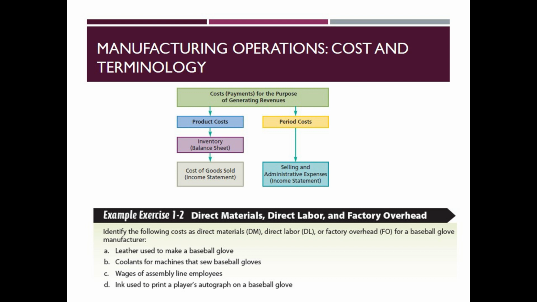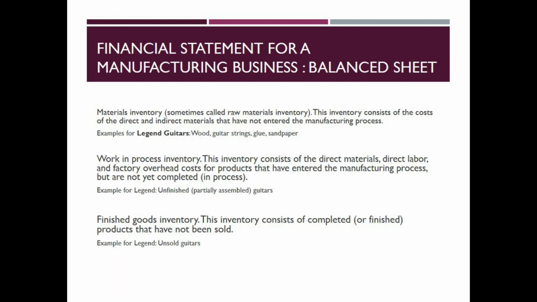Okay. Office supplies to be used at the company headquarters would be period cost. And lastly, ink used to print a player's autograph on the baseball glove, since this is an indirect cost, part of the manufacturing cost. So this is a product cost. Okay.